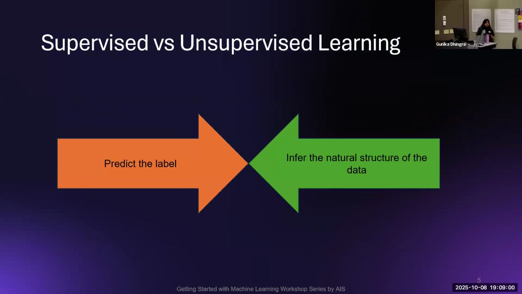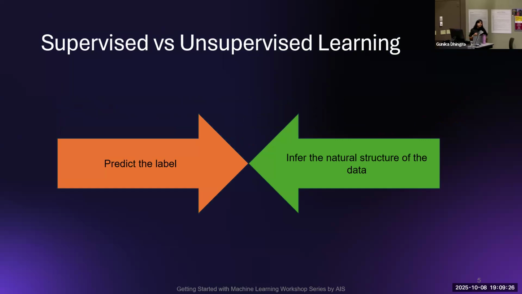Now, to understand this classification, let's just understand this distinction first. What we were looking at till now in the previous 4 sessions was to predict a label. As I said, cat or dog or any other animal. So we started off with the notion of predicting a label. But what we are doing now in unsupervised learning is to infer the natural structure of the data.